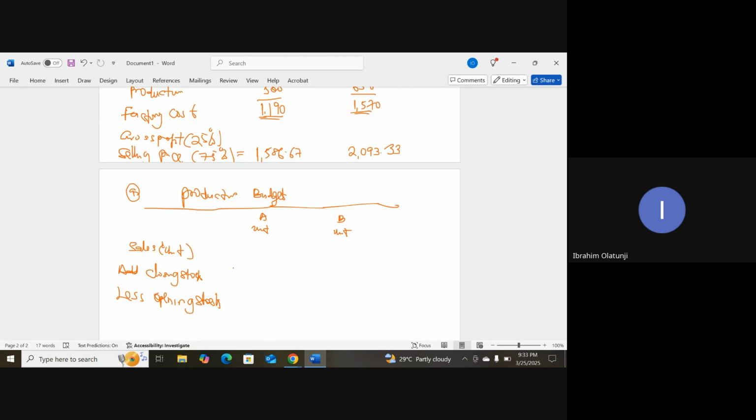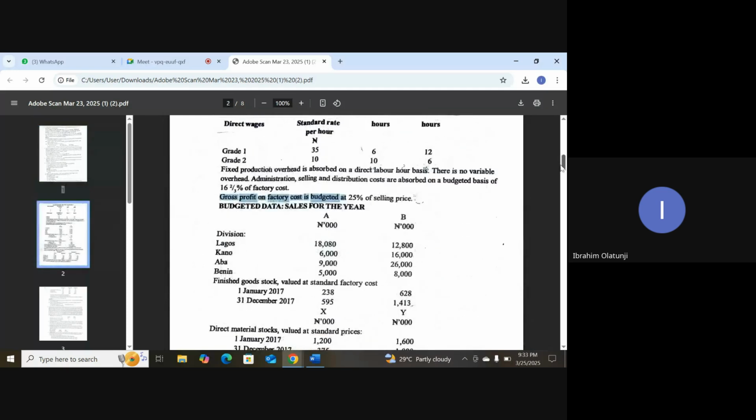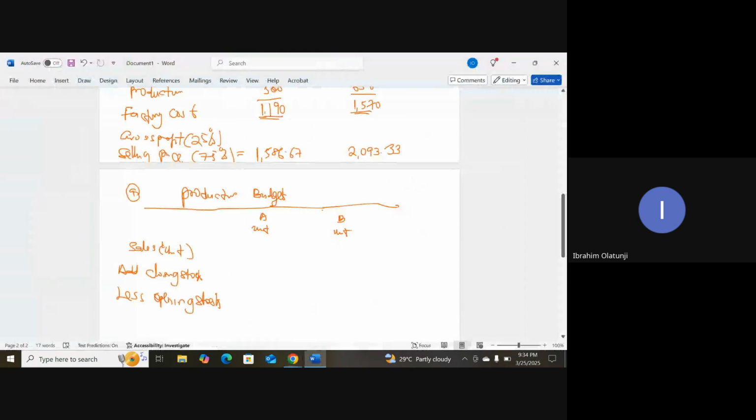Because you don't have the sales unit, but you only have the sales value. If you remember, they are not giving us the sales unit, but there's a sales value. The budgeted sales for the year is in Naira.